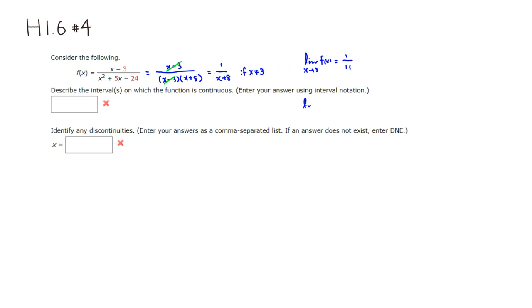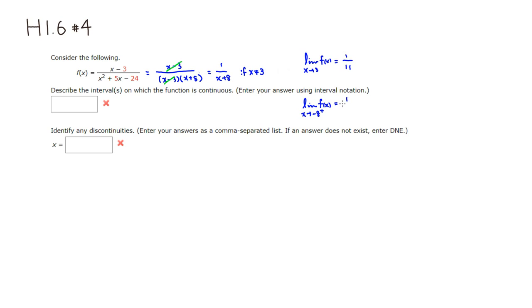But the limit as x approaches negative 8 is different, because we have to do positive and negative. For example, let's do the right-hand limit.